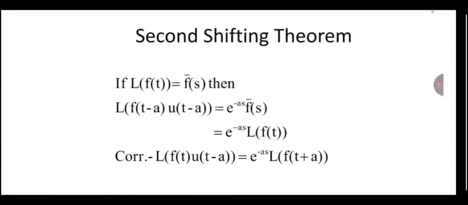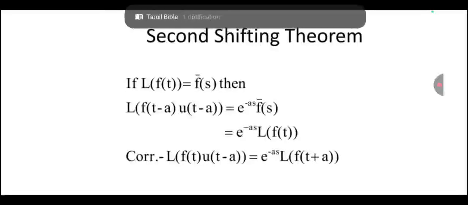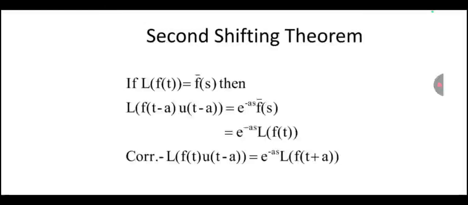Next, the second shifting theorem. If L of f of t equals F of s, then L of f of t minus a into u of t minus a equals e power minus as into F of s, which can be written as e power minus as into L of f of t.